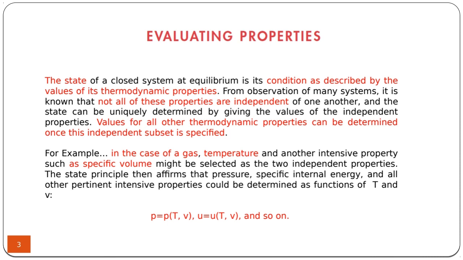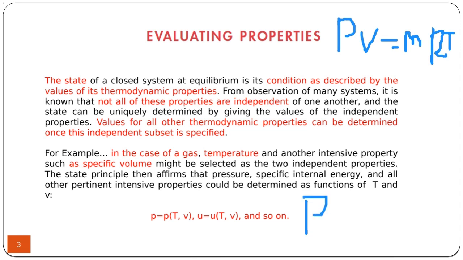Remember that according to the ideal gas law, PV is equal to MRT. So if you divide each side by volume, you get pressure being equal to density times R times temperature.